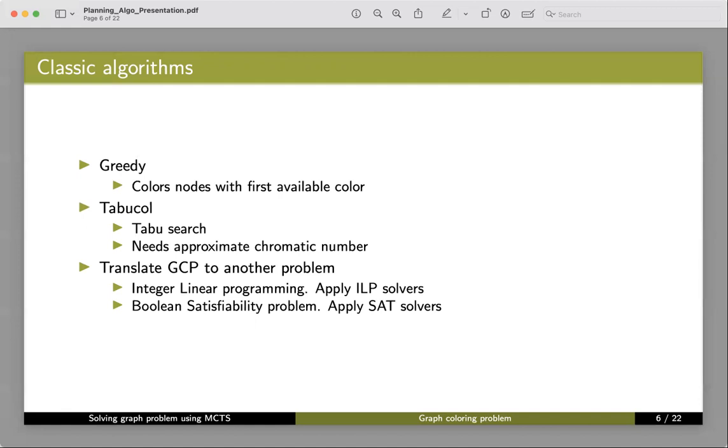So the chromatic number is the smallest number of colors needed to color the vertices, so that no 2 adjacent vertices share the same color. And tabu search is a meta-heuristic search method employing local search methods used for mathematical optimization of problems.